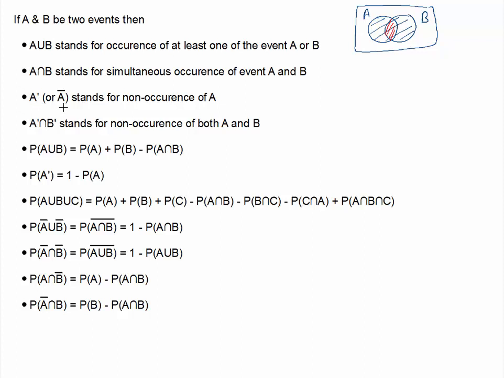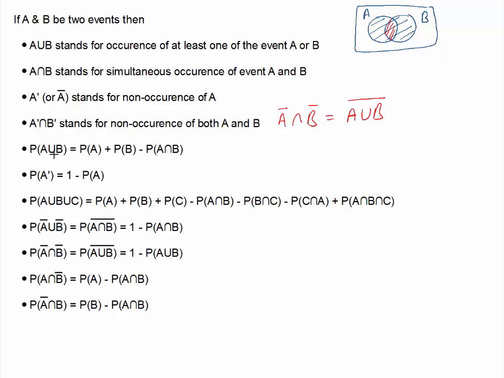A complement or A bar stands for non-occurrence of A. Similarly, A complement intersection B complement stands for non-occurrence of both A and B. Also, if you recall, we know De Morgan's law, which states that A complement intersection B complement equals A union B the whole complement, meaning non-occurrence of any of the events A or B.